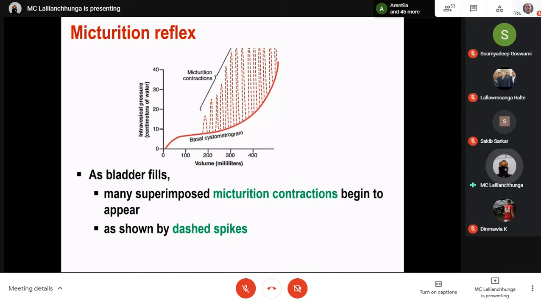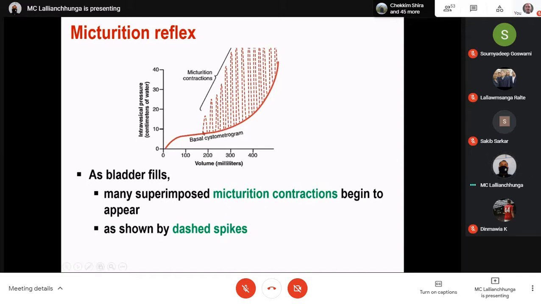As the volume or the pressure of the urinary bladder keeps increasing, the micturition contractions also keep increasing. You can see that the first contraction will reach a peak and then come back.